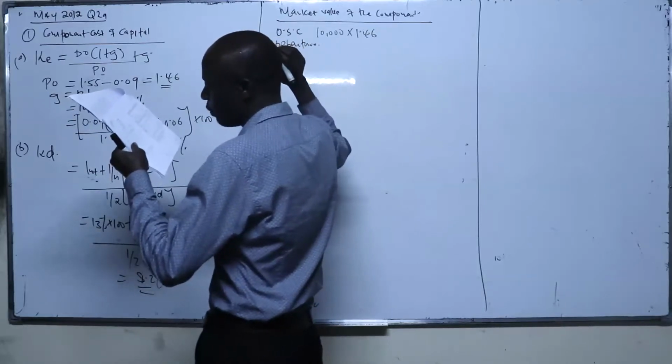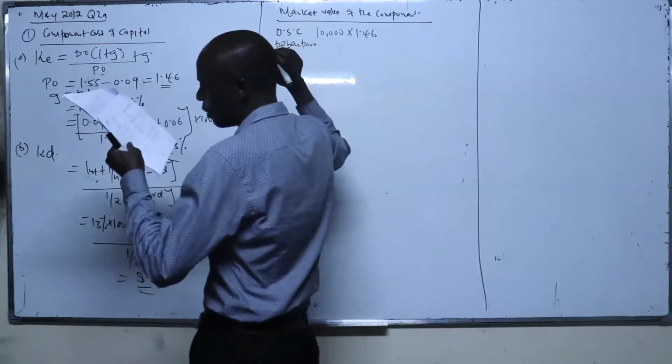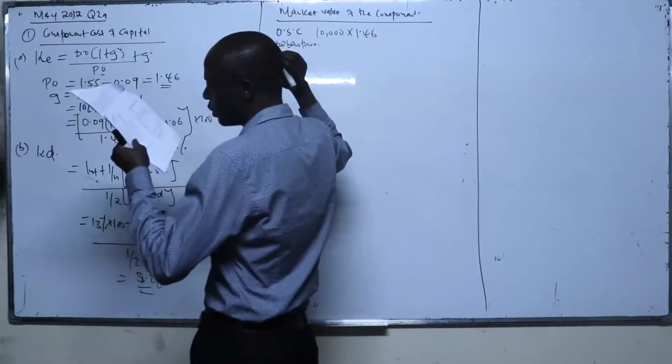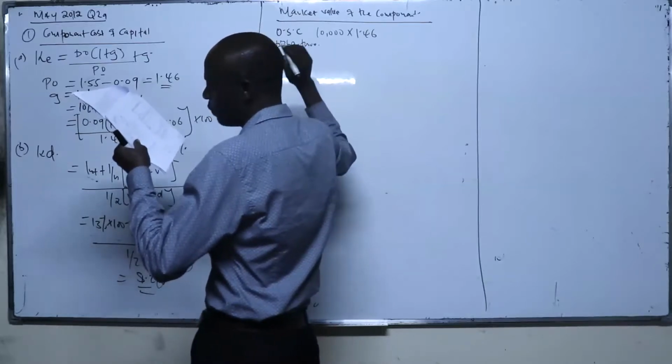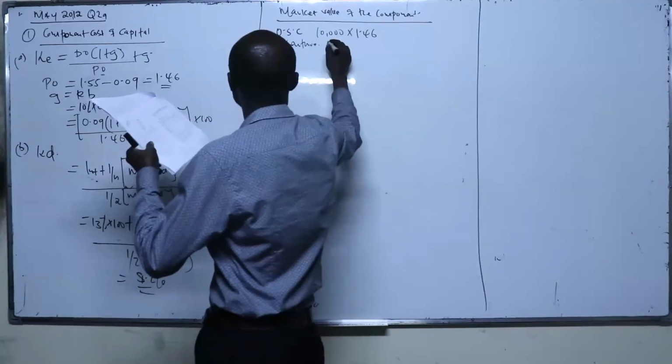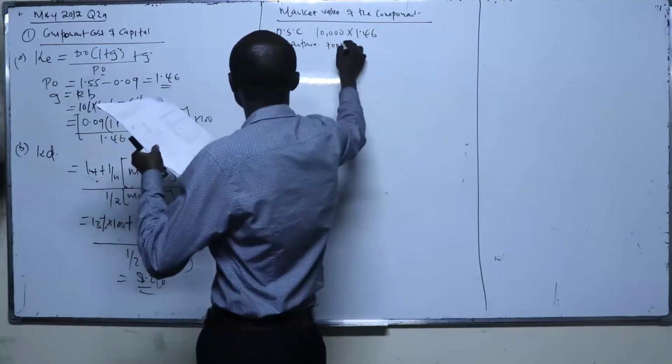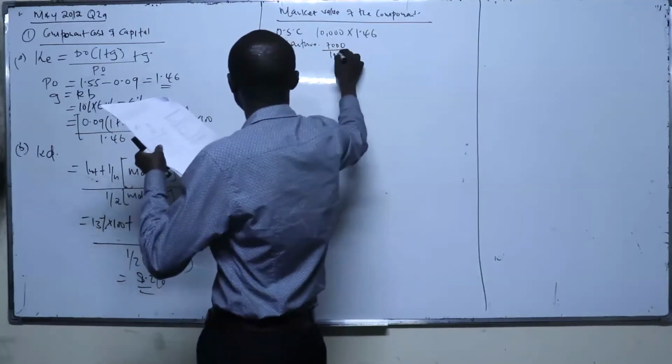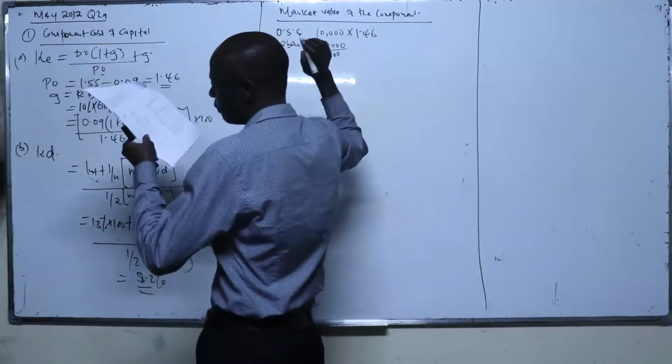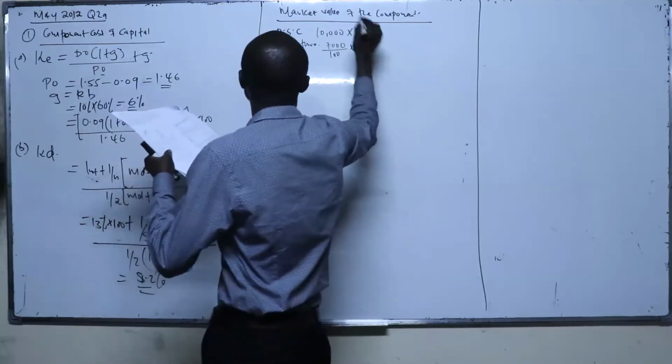The nominal value of the debentures is 7 million, which is 7,000 divided by 100, and then you multiply by 105.